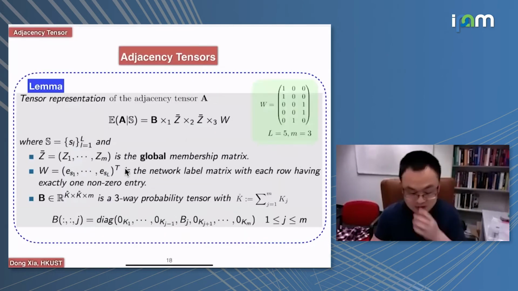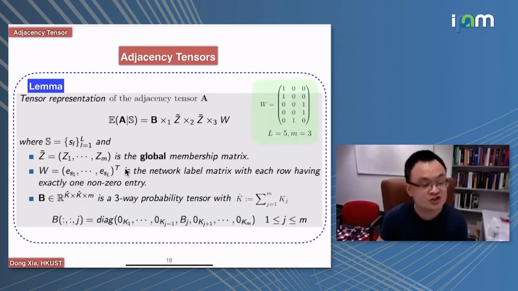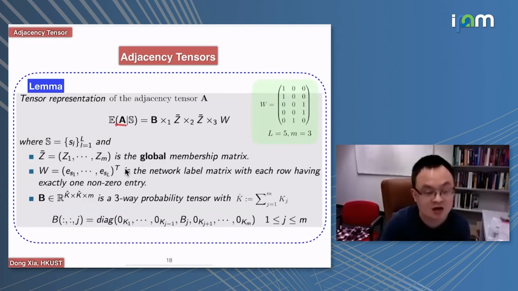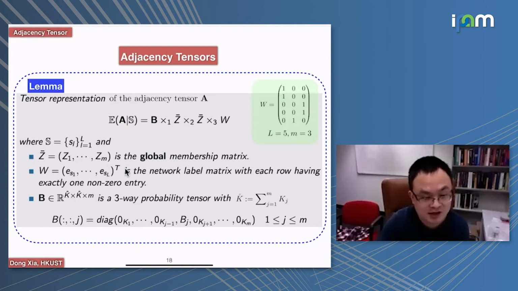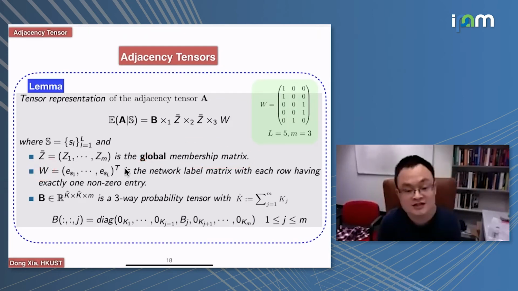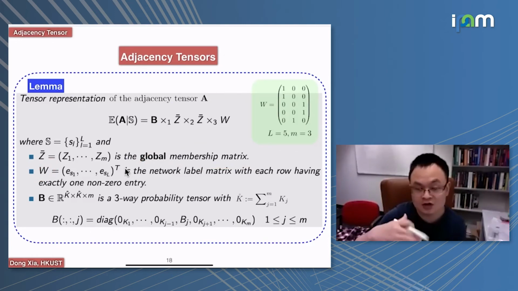Now, very interesting. If we look at this adjacency tensor and consider the expectation, it is very easy to see that the expected tensor admits a low rank decomposition. In other words, the expected tensor is a low rank tensor. Here we can define this global membership matrix, and this W is also a 0-1 matrix. It can provide the information about the layer labels for each of the layers.